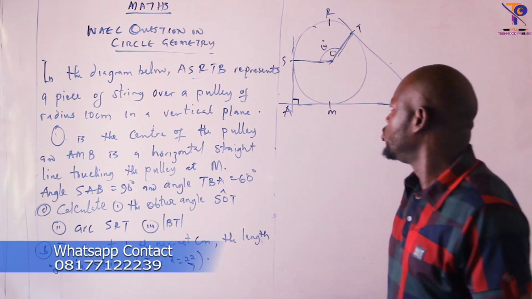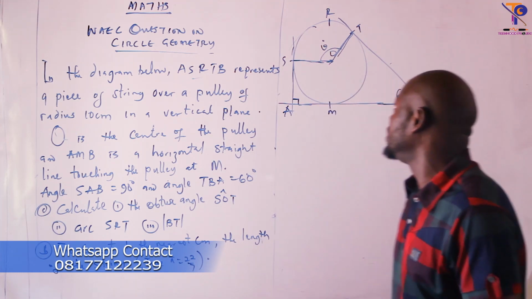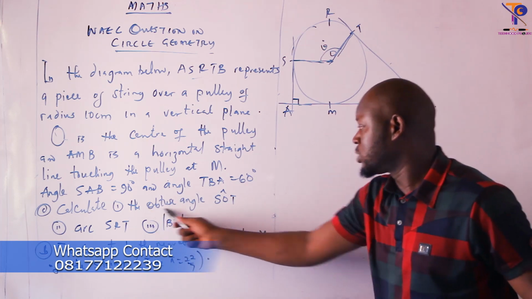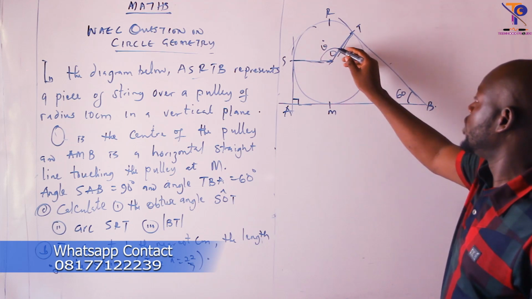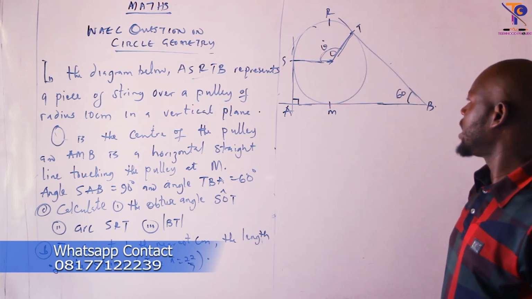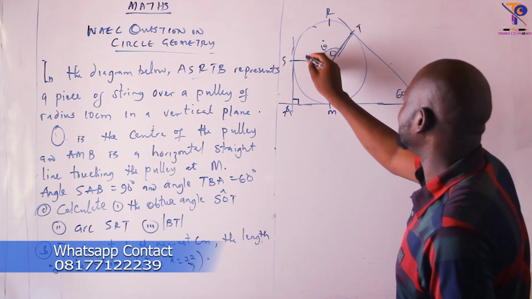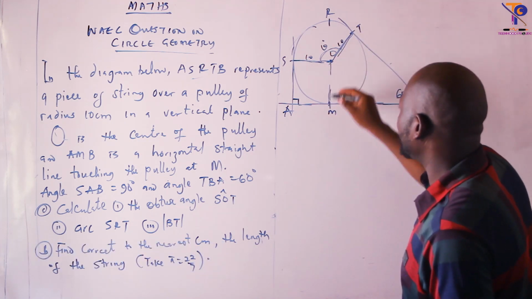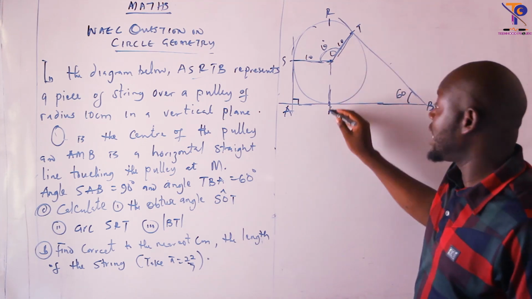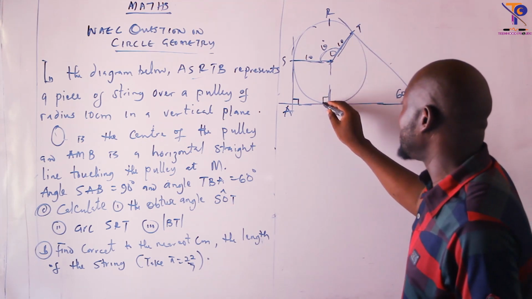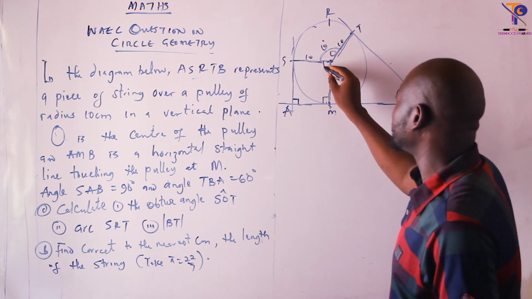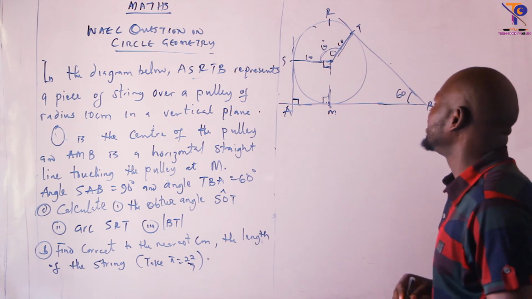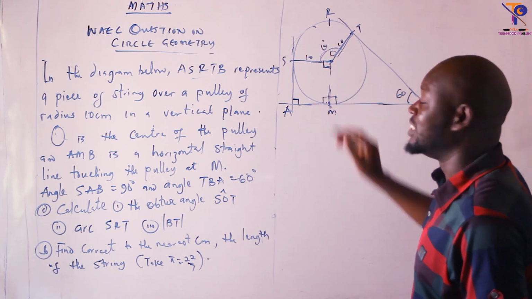Interesting. Let me explain to you what I feel here before we continue. To solve for obtuse angle SOT, this angle, we are looking at this angle. I am sure if this one is 10 centimeter, this one also is 10 centimeter. If I link this one to this side, don't forget this is my radius and tangent. Definitely this will be 90 degrees. If this one is 90 degrees, obviously this will be 90 degrees. Then this also will be 90 degrees. Are we together?